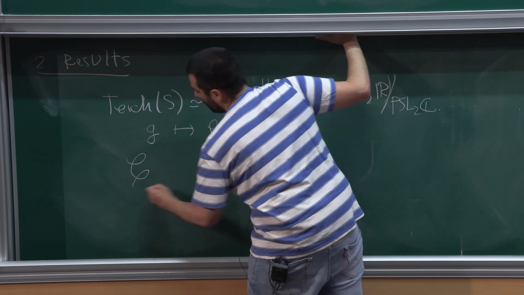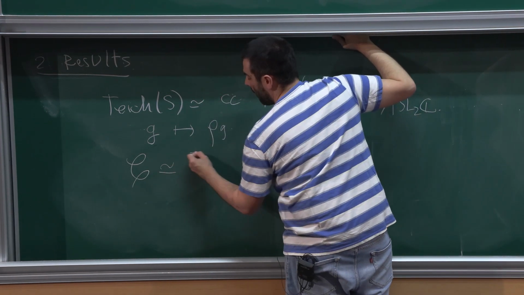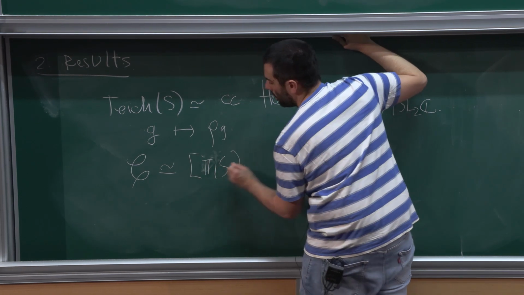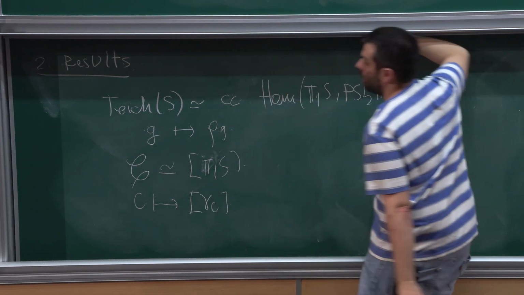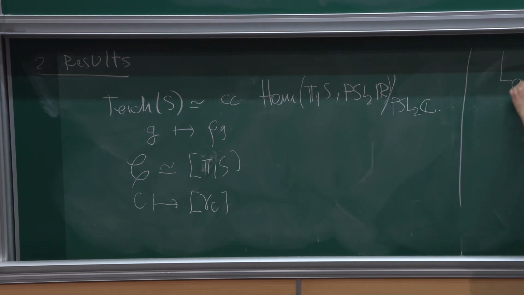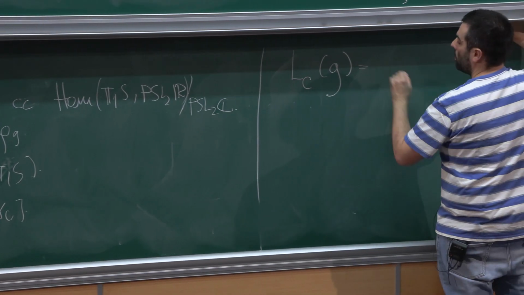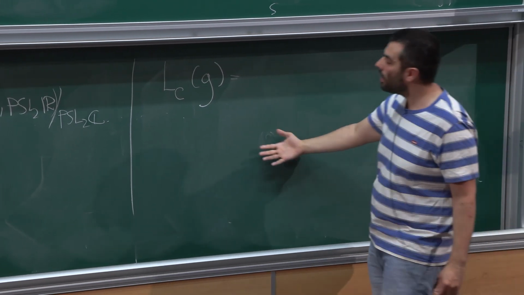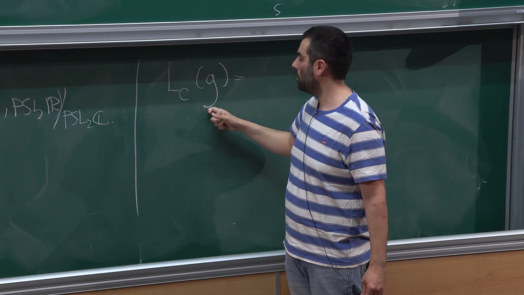And there is also an identification between the set of isotopic classes and conjugacy classes in the group, taking some C into the conjugacy class of C. And so when you do these identifications, you see that the length with respect to a given metric can be computed out of the information of the eigenvalues of the curve gamma C with respect to this representation.